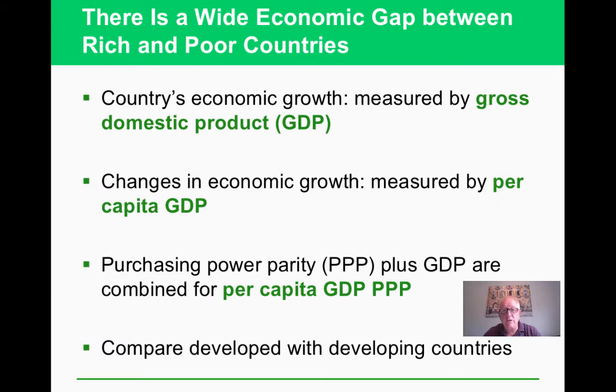So it's a science, so we want to be able to make these comparisons, and here's some of the ways we do it. We talk about gross domestic product, that's how much a country would be making in a year, the country itself, cut and dry. And then we introduce this term per capita. Per capita means per person.